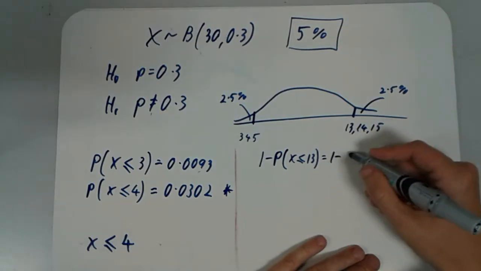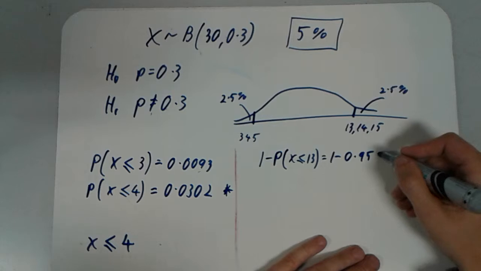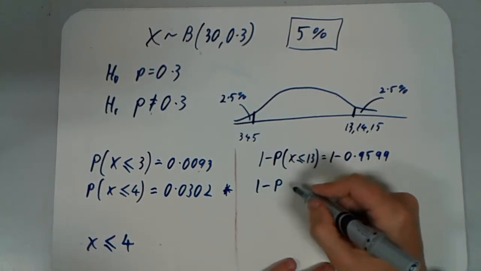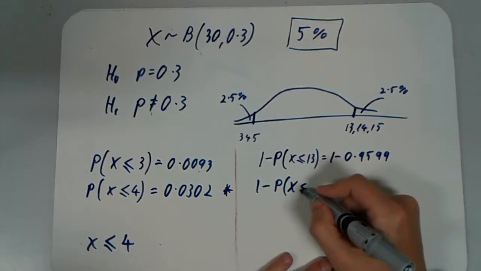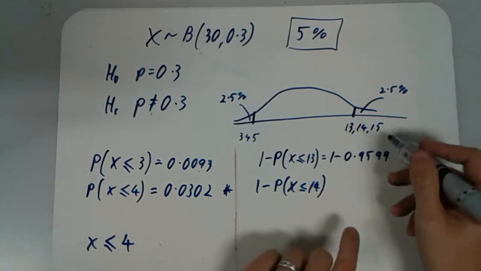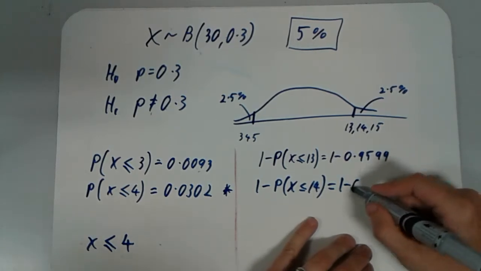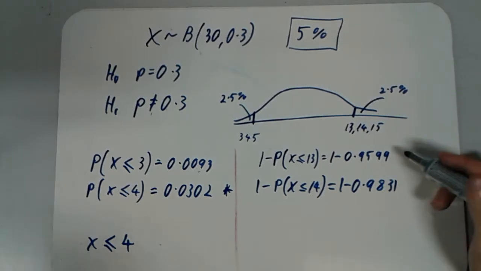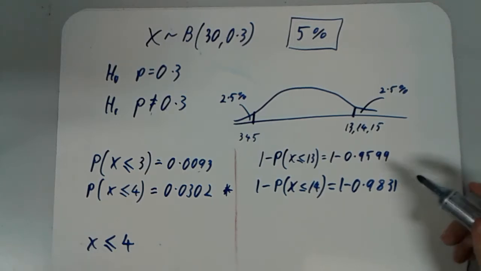That's going to give us 1 minus 0.9599, and then the other one that's closest to 2.5% is x less than or equal to 14. Again, I don't need to bother with 14 because when we write this one down, 1 minus 0.9831, that's greater than 2.5, that's less than 2.5, and 15 would still be less than 2.5.